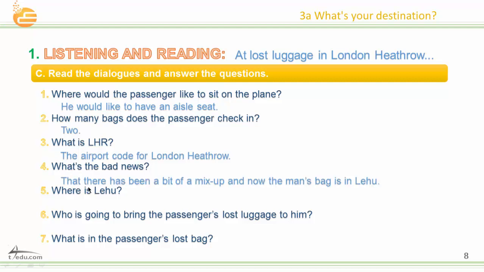The bad news is that there has been a bit of a mix-up, and now the man's bag is in Lahu. Number 5. It is in Papua New Guinea. Number 6. A courier. And number 7. He lost his notebook with his address in London.